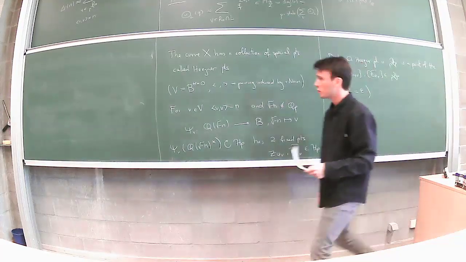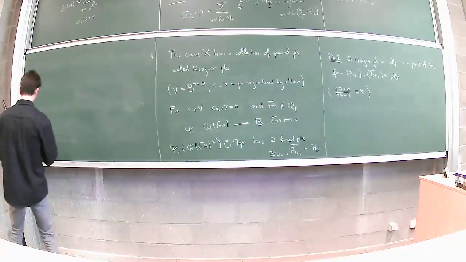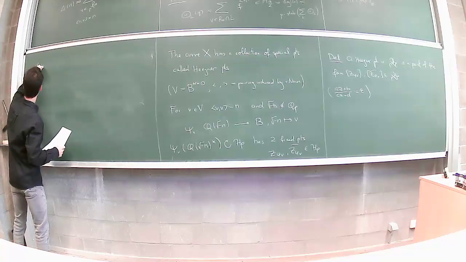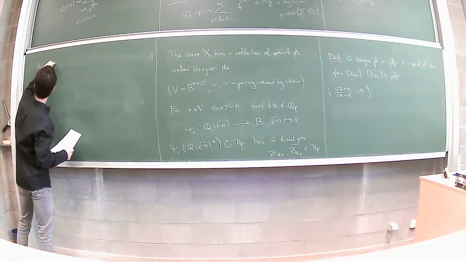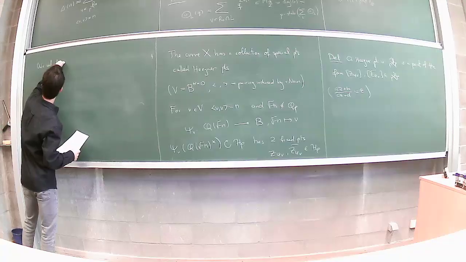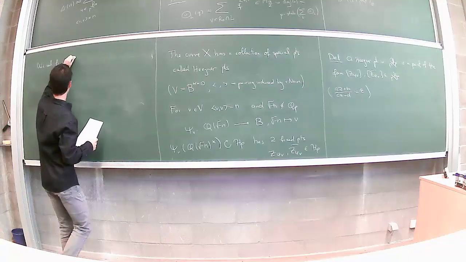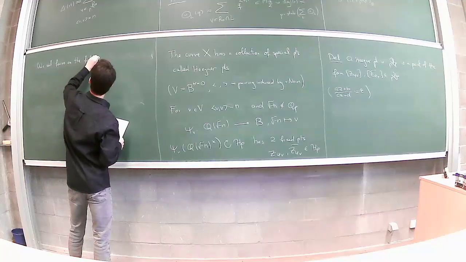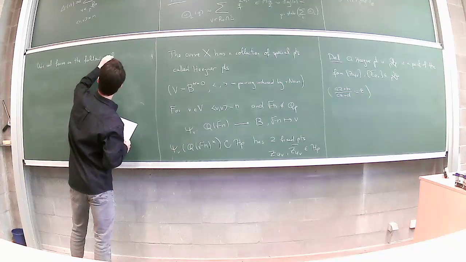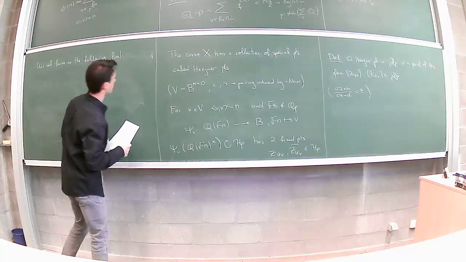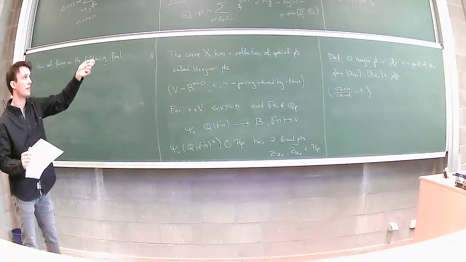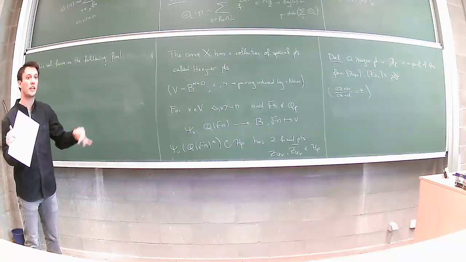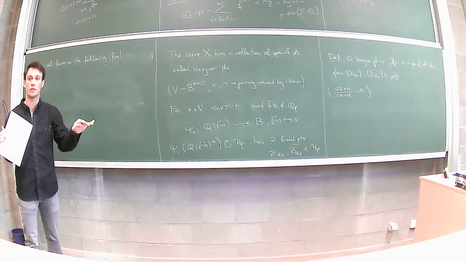So the type of functionals that could be interesting. We will focus on the following functional. One interesting thing about these Shimura curves is that if you look at the Jacobian, it has elliptic curves inside as quotients of it.